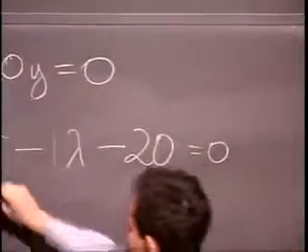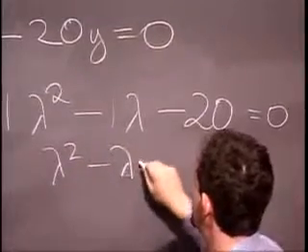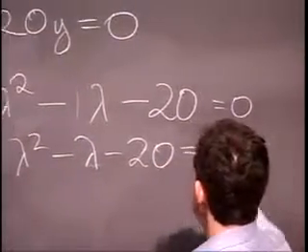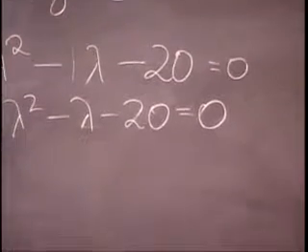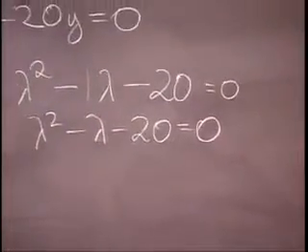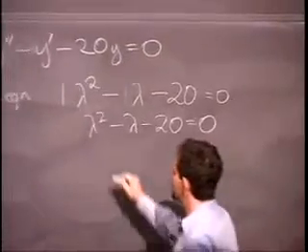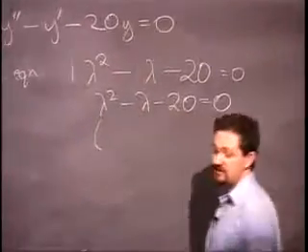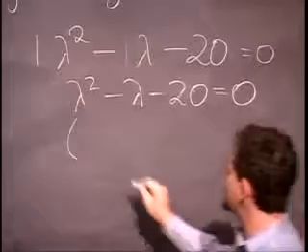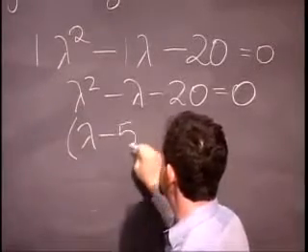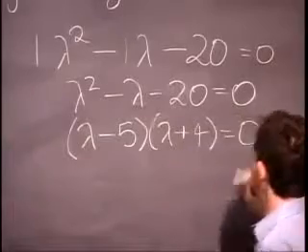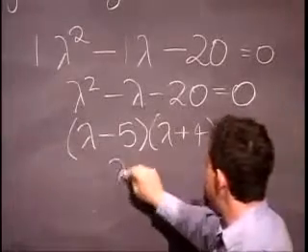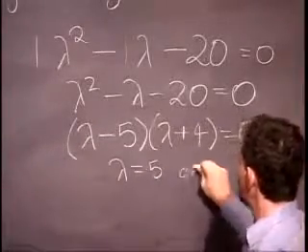Or just regularly, lambda squared minus lambda minus 20 equals 0. So that's not a differential equation. Lambda is just supposed to be a number. Nevertheless, watch this. I factor this, if possible. Well, in this case, it is possible. It factors into (lambda minus 5)(lambda plus 4) equals 0. And so the solution is lambda equals 5 or minus 4.